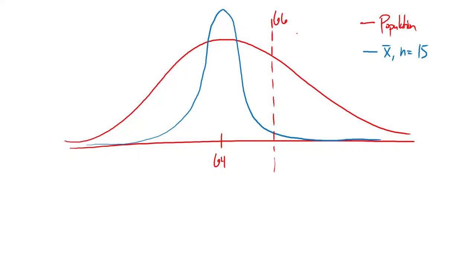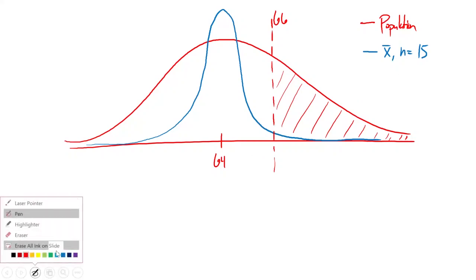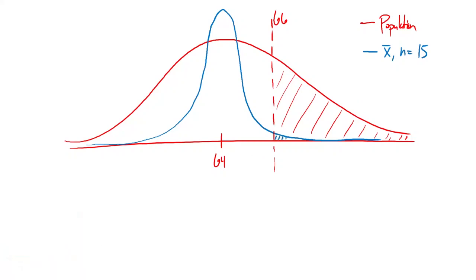So what you can see is that on the red distribution, in the overall population, it's pretty common for a woman to be more than 66 inches tall. But among the averages with n equals 15, what do you see happens? The average almost never makes it out that far. Because when you average out people, the tall people and the short people bring each other back to center.